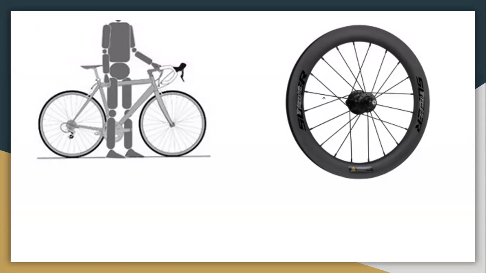Now, when you look at that bicycle, there are two things. This is the ground and this is our tire when it is touching the ground. Now, when the tire touches the ground, this is a mathematics concept.